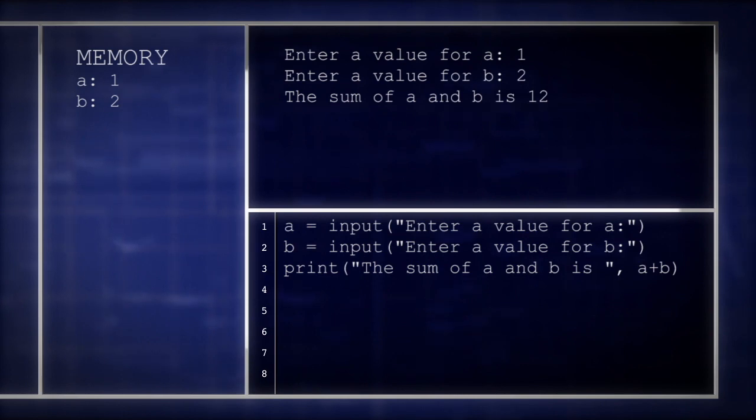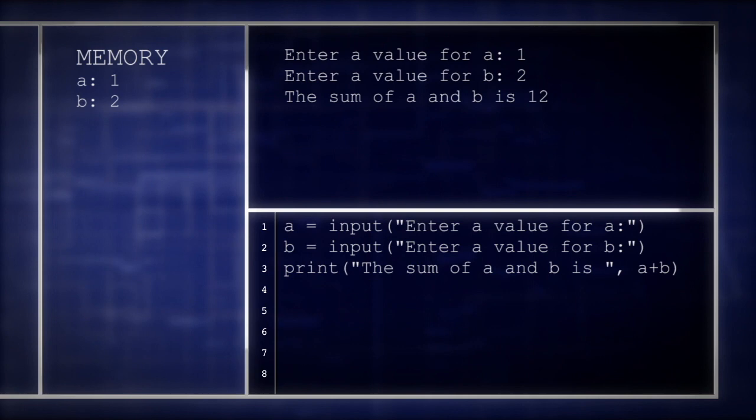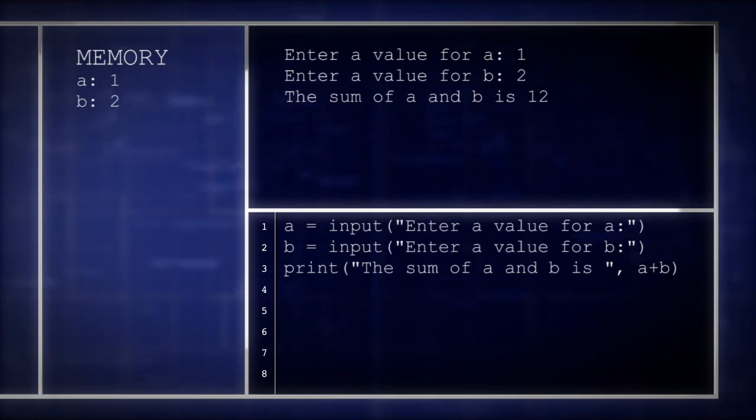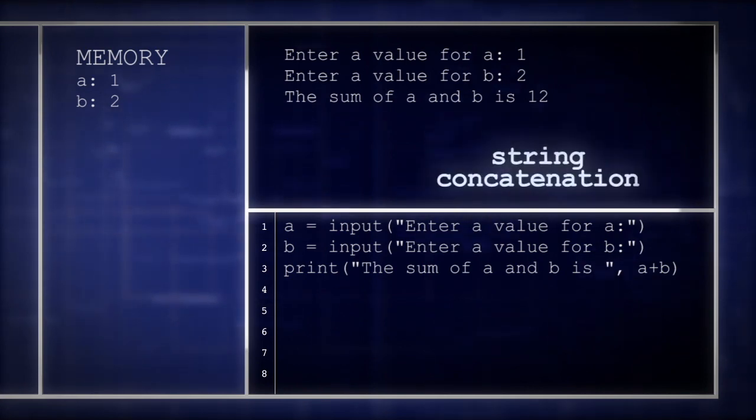Instead, we read in the character string 1 and the character string 2. So, because of the way that the input command works, both variable a and variable b were actually strings, not numbers. And so, when we added a and b together, even though they looked like numbers, we were actually getting a string concatenation, not an addition.